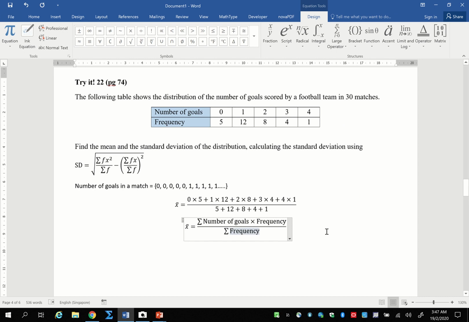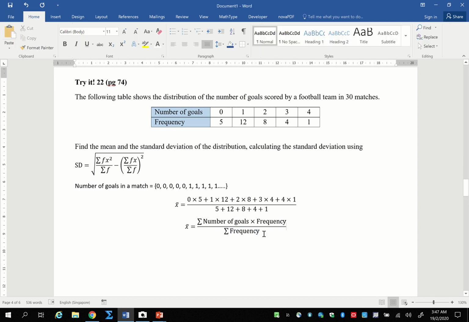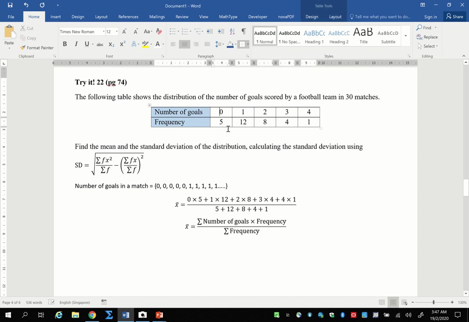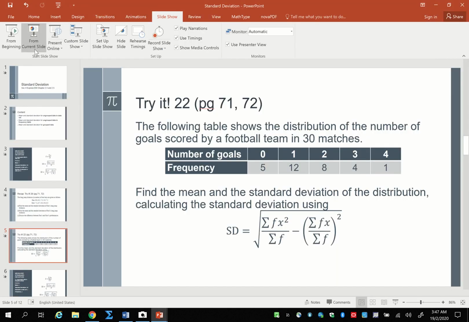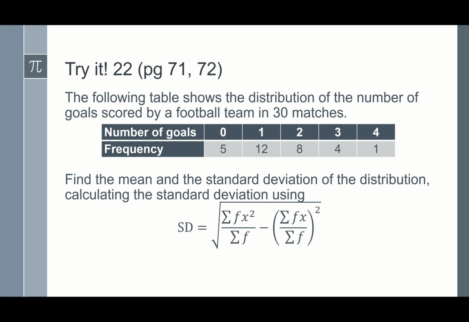So essentially, I can generalize this into a formula where instead of just adding up 0 plus 0 plus 0 plus 0, I can take the number of goals 0 multiplied by the frequency, plus the second number of goals 1 multiplied by its frequency, and so on. So to extend what we know, instead of dealing with individual data in the data set, we can simplify our equation to include frequency inside it.